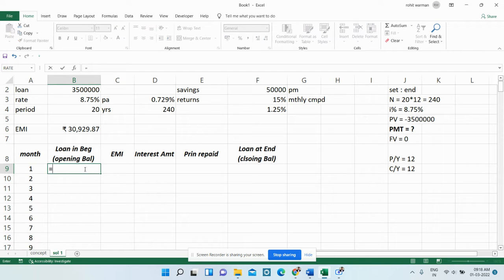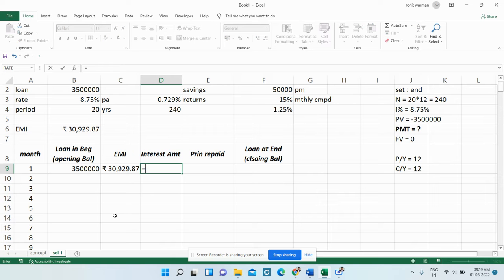The loan in the beginning is 35 lakhs. The EMI is 3929, and I will freeze it because we always need 3929. The interest is always on the opening balance, so this opening balance multiplied with the rate. We always need this rate, so I will freeze it using F4.